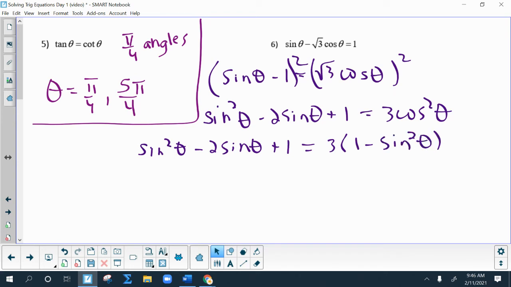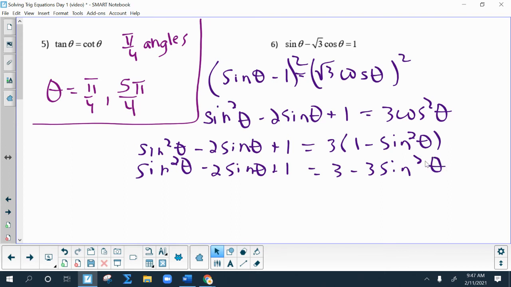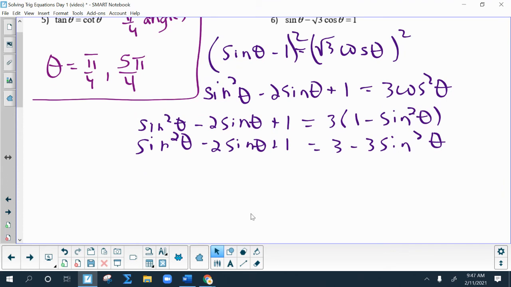If you don't remember these, you'll probably want to take out your identity sheet or someplace where you wrote identities down, so that way you have them in front of you as you're doing these problems. Okay, so now I'm going to add all of this to the left-hand side so that I can have it equal to 0.